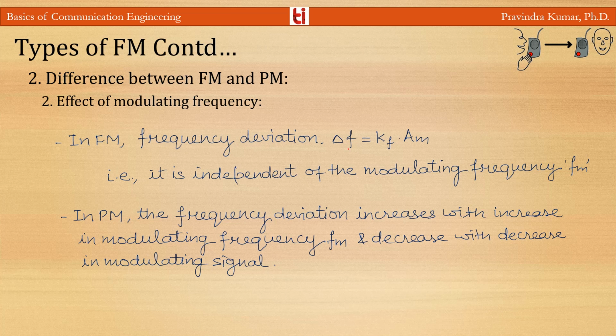This changes the frequency deviation. So in PM, the frequency deviation increases with an increase in the modulating frequency fm, and decreases with a decrease in it. So in PM, the carrier frequency deviation is proportional to both modulating frequency and amplitude, whereas in FM the carrier frequency deviation is proportional only to the amplitude of the modulating signal.